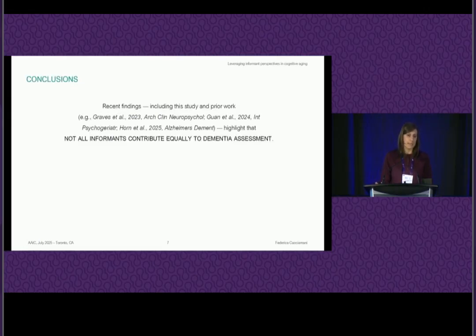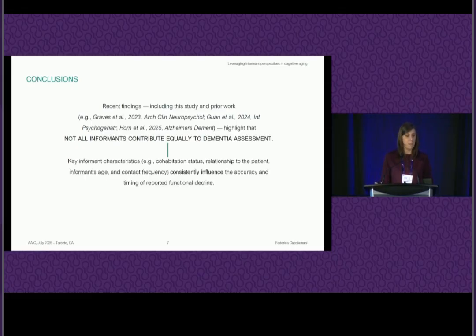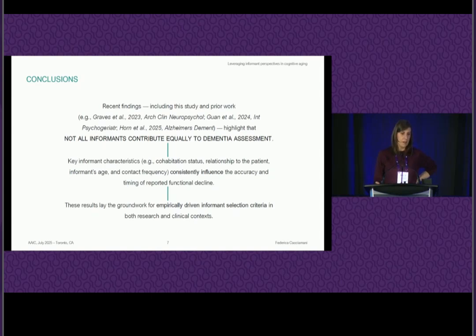So recent findings, including this study and prior work, highlight that not all informants contribute equally to dementia assessment, and key informant characteristics consistently influence the accuracy and timing of reported functional decline. So these results, together with other results from researchers, lay the groundwork for empirically driven informant selection criteria in both research and clinical contexts.